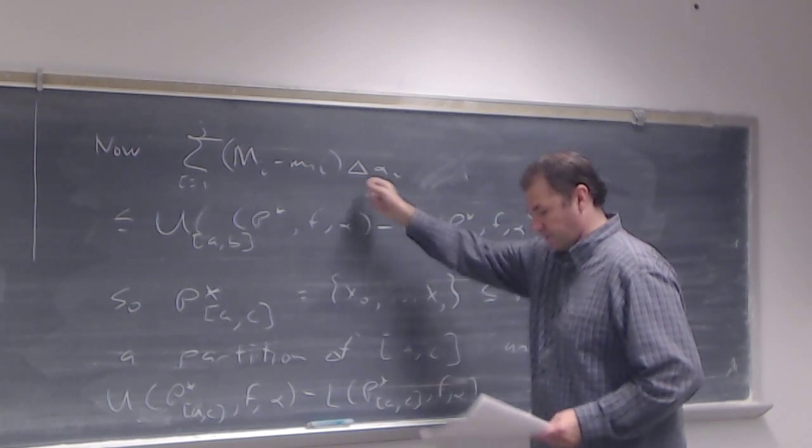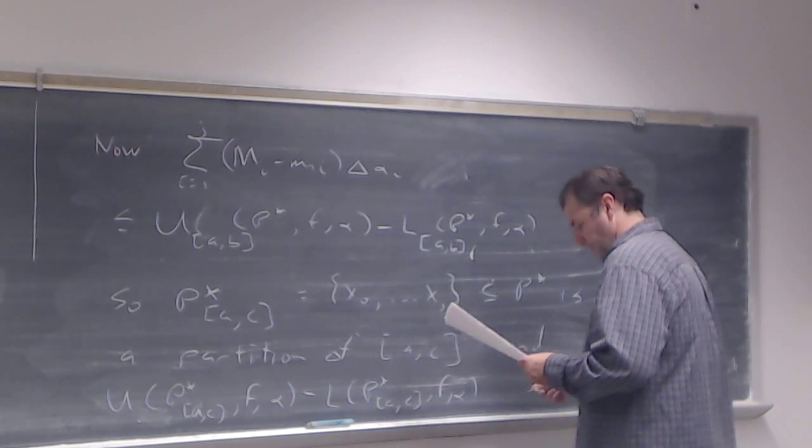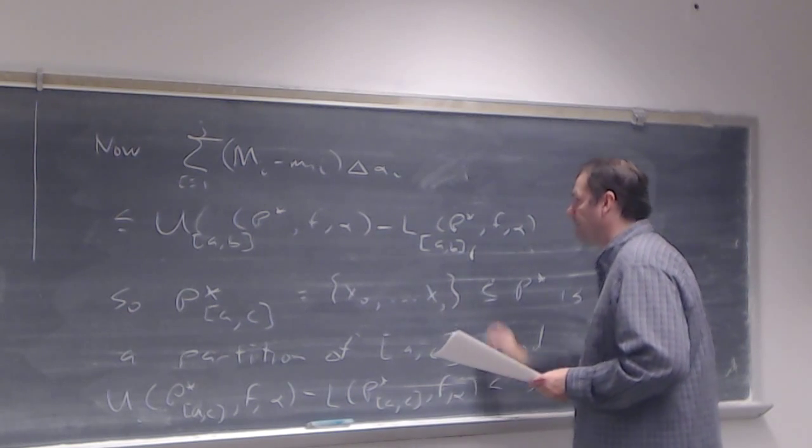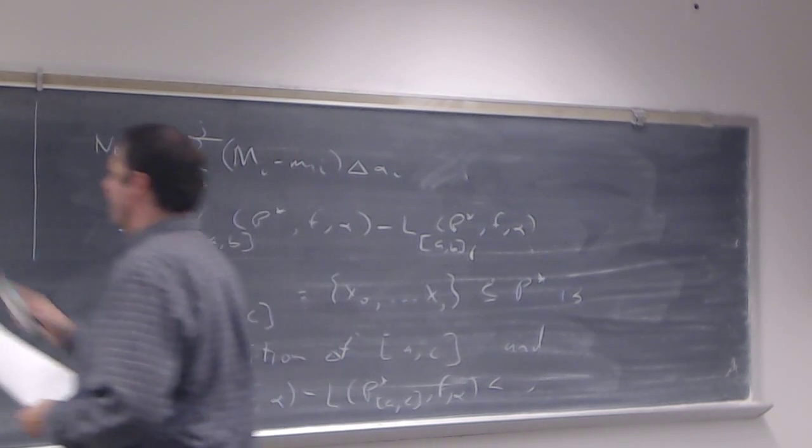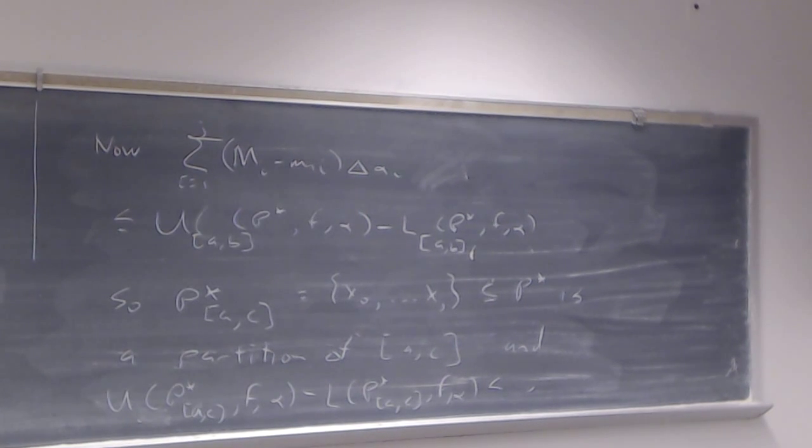Well, that's this guy right here, okay, is less than this guy. So I'm going to write that down. It's less than. Okay, look, this is an upper sum minus a lower sum right here.